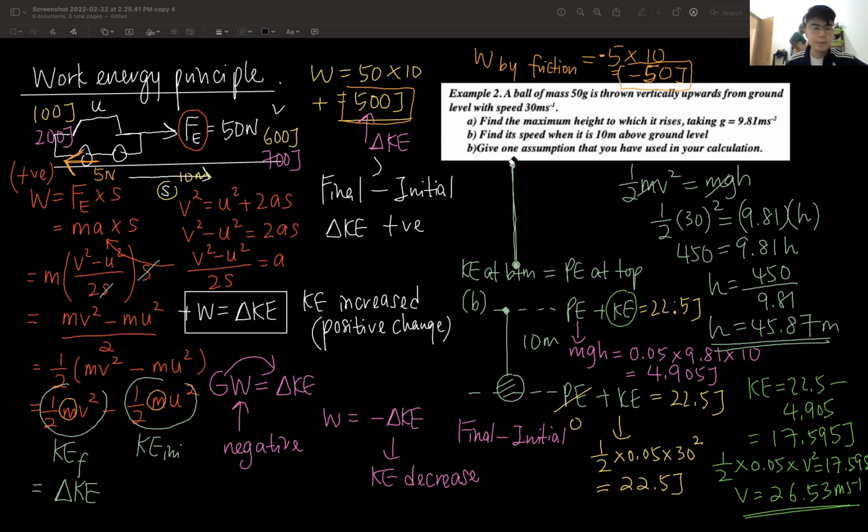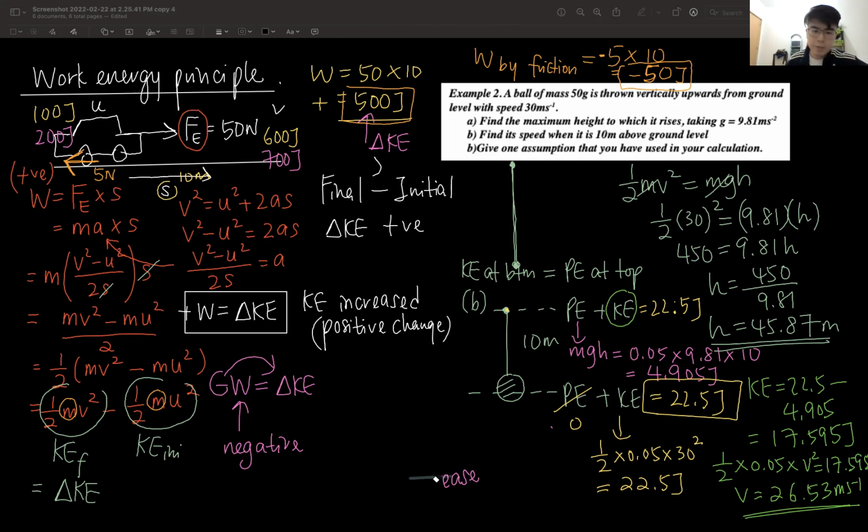Now, if you look back at the previous problem, from the bottom here, my kinetic energy is how much? Total 22.5. At the bottom, PE is 0, KE is 22.5, so total is 22.5. Let's say I want to calculate the KE at B above, using the work energy principle. How do I calculate? I can calculate the work done first, right?